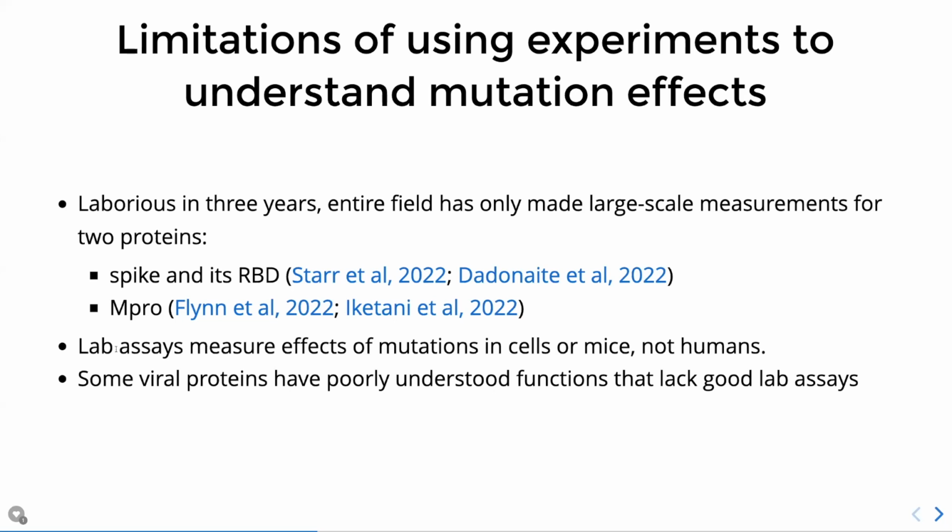Second, laboratory assays measure the effects of mutations in some laboratory system, such as cells or mice. They don't measure the effect of the mutations in humans, which in some cases is what we would be most interested in knowing. And finally, there are some viral proteins that have poorly understood functions, such that we do not even really have good laboratory assays for what these proteins do.